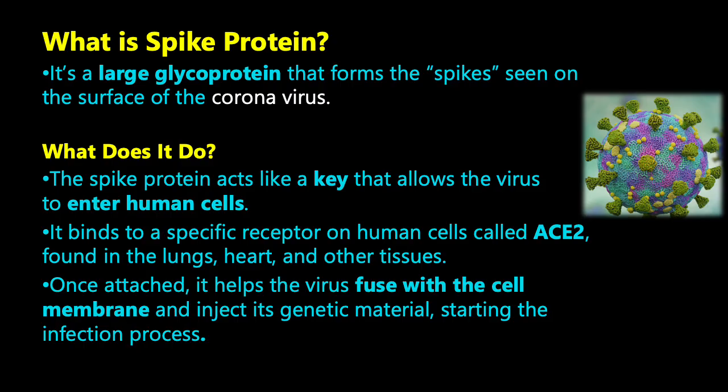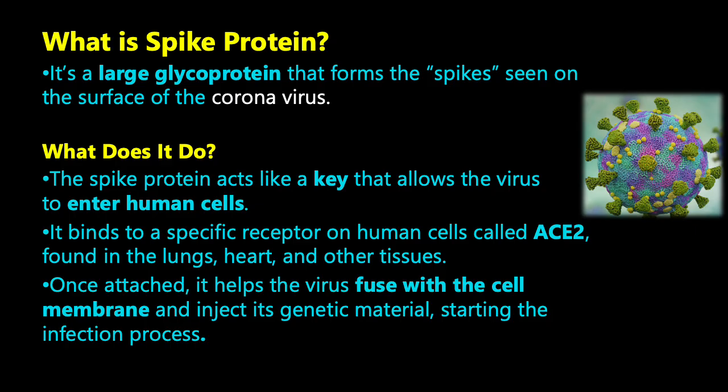The moment the virus can put its genetic material and contents into our cell, that's where the problem starts. The virus will take over the cell and start making copies of itself. This is how the virus replicates the moment it goes into the cell.